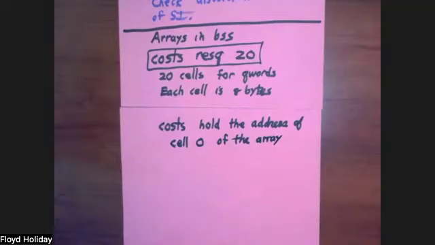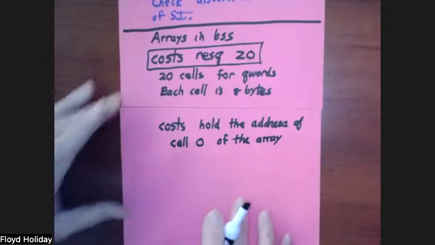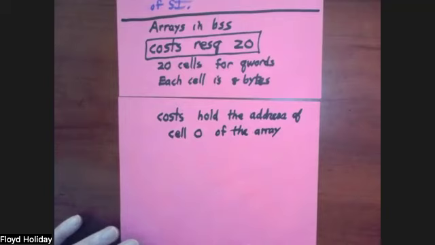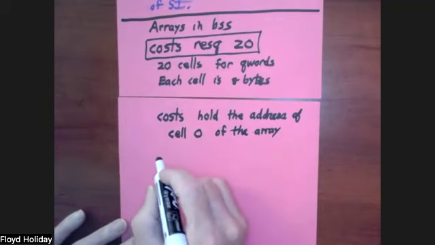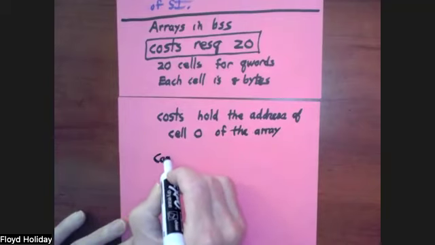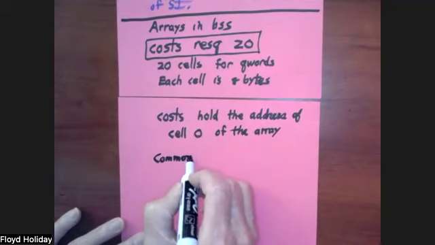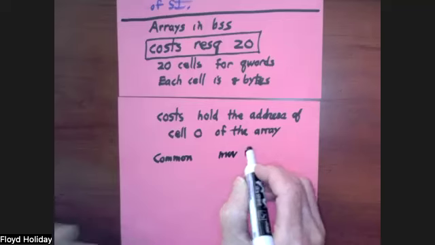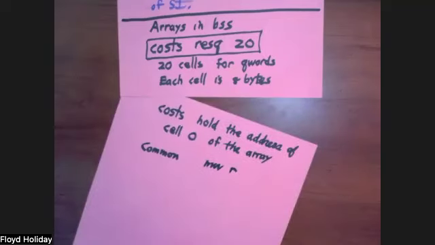Okay, so it is common that programmers move the name of the array into a register. This is common. I want to use the same name I used previously, just for consistency.